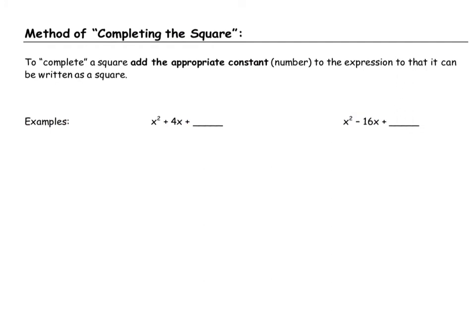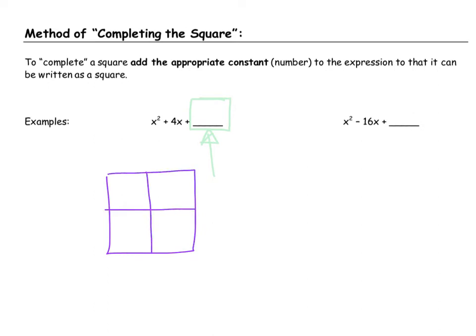So now that we know what it looks like when something is a perfect square, we can do something called completing the square. To complete a square, I am looking for the constant that I would need to add to an expression to make it a perfect square. So if I want to write x squared plus 4x plus something and make it a perfect square, I know that my x squared is going to go here, but how do I put 4x into this area model evenly?